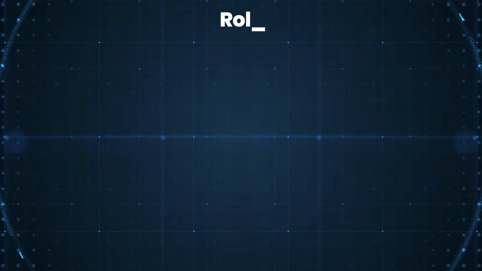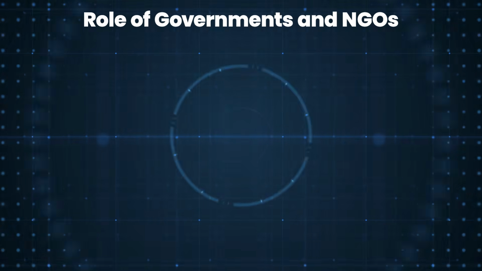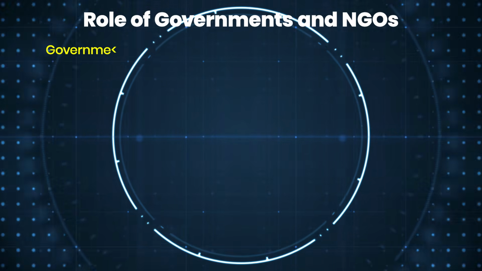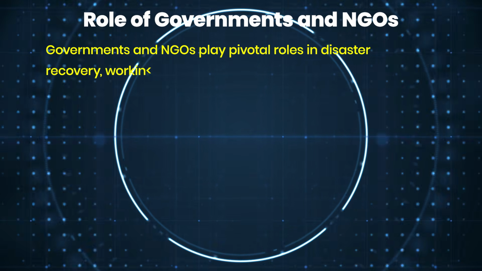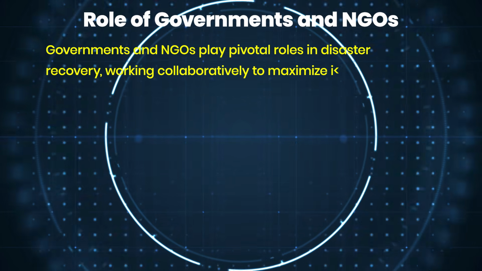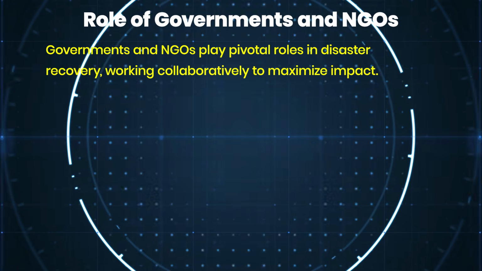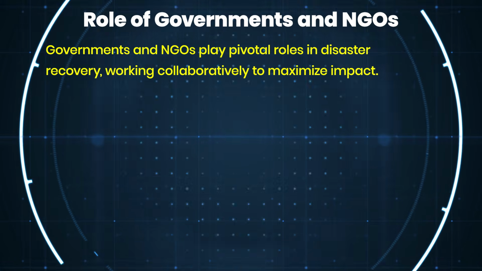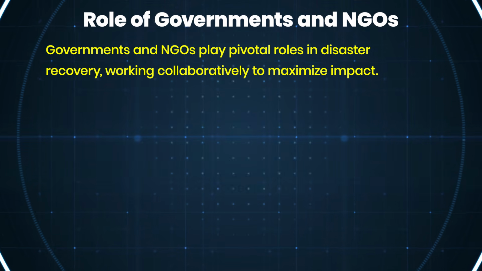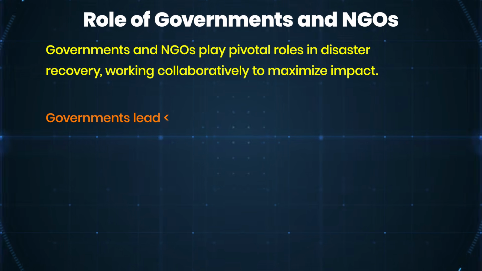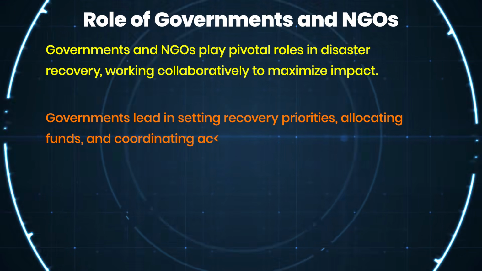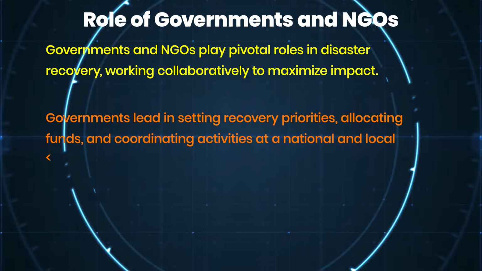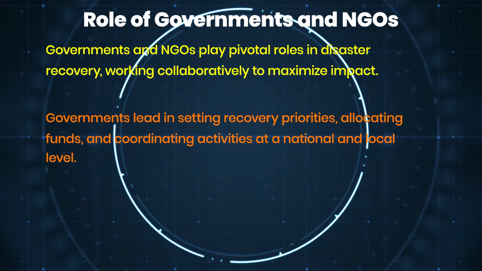Now, let us discuss the role of government and the NGO. Government and NGOs play a vital role in disaster recovery, working collaboratively to maximize impact. Rather, we can say they complement each other for early recovery. Governments lead in setting recovery priorities, allocating funds and coordinating activities at the national or local level.